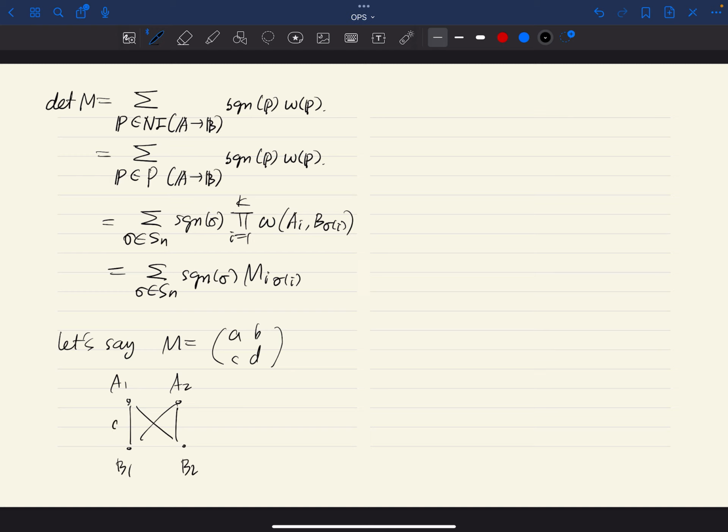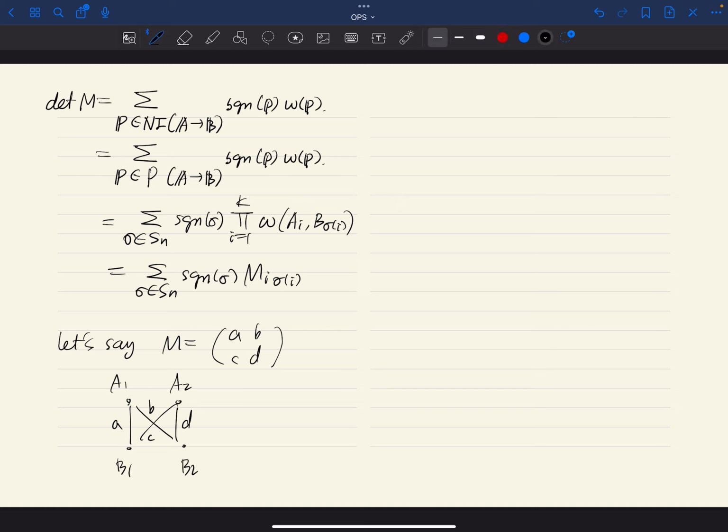A1 to B1, I'm going to label it A. A1 to B2, I'm going to label it B. And this is C and D. Then the determinant of this is the generating function for all non-intersecting paths here. So we can give some meaning. So this can be used to prove the Cauchy-Binet theorem, which is also quite a useful theorem in linear algebra.